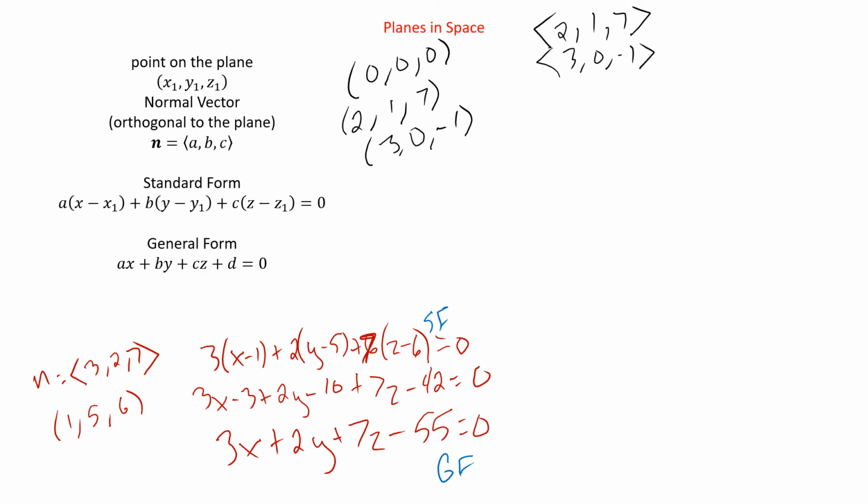Because starting from 0, 0, 0, that's where we go. So we can do the cross product of this. So we're going to have the determinant. We'll have i, j, and k, and then 2, 1, 7, 3, 0, -1. We'll extend this.